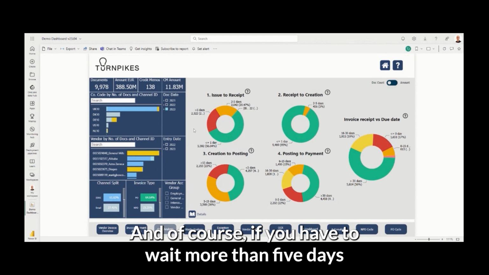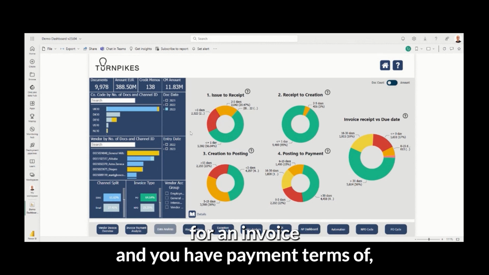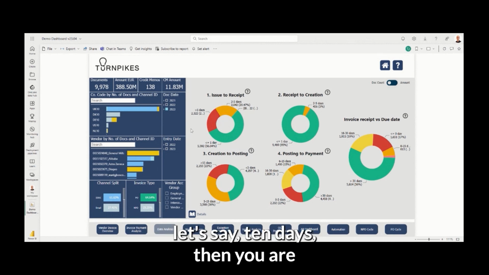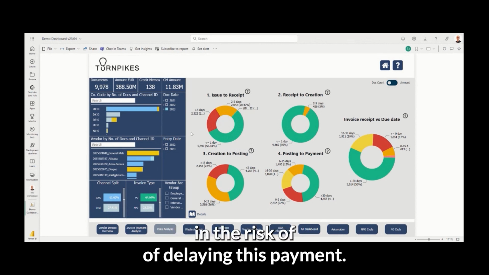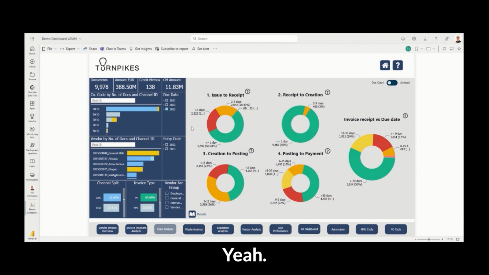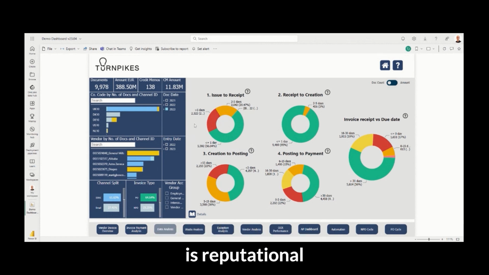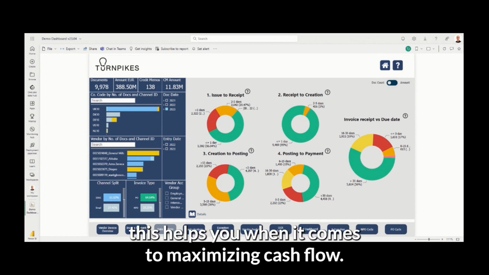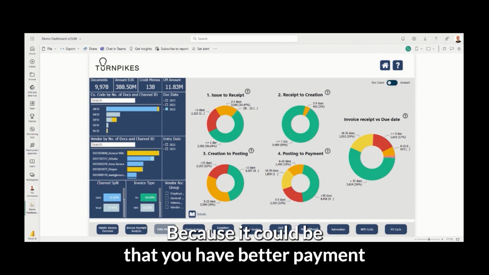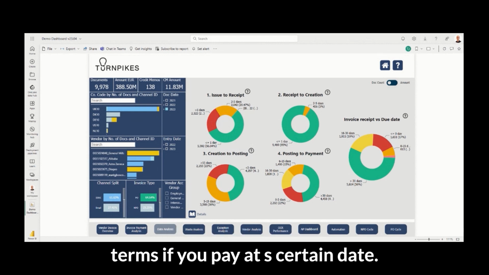And of course, if you have to wait more than 5 days for an invoice and you have payment terms of, let's say, 10 days, then you are seriously at risk of delaying this payment. Yeah. Which obviously, again, brings it back to risk, reputational, financial. Exactly. There's a few things there, but also I guess this helps you when it comes to maximizing cash flow, right? Because it could be that you have better payment terms if you pay by a certain date.